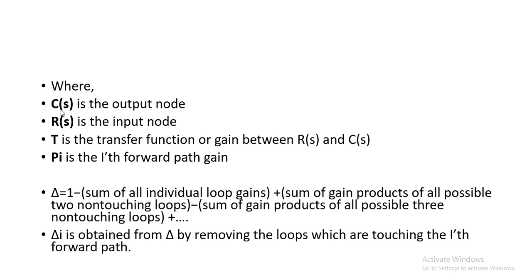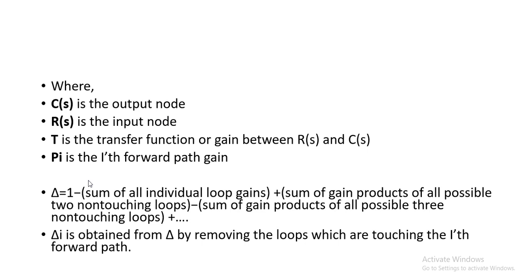So in this equation, C(s) is nothing but the output node that we have seen already, or the output signal we can say. R(s) is the input node or input signal. T is the transfer function or gain between the output and input node, that is R(s) and C(s). P_i is the ith forward path gain. How to find the ith forward path gain, that we have to see.